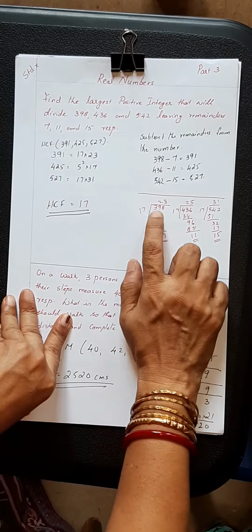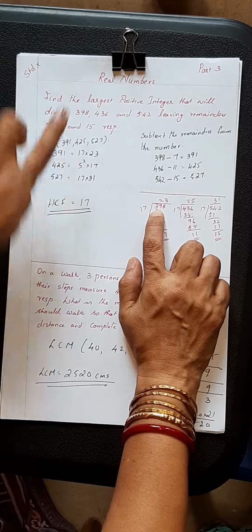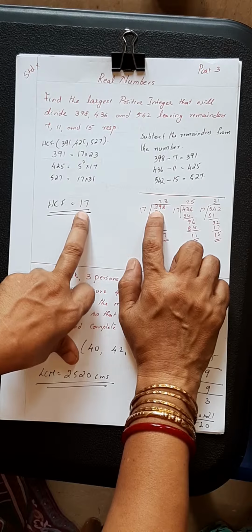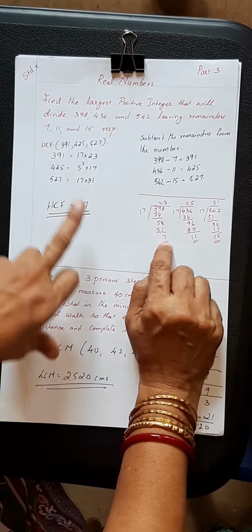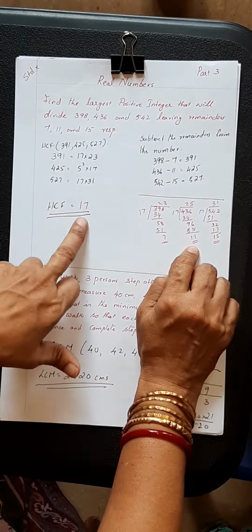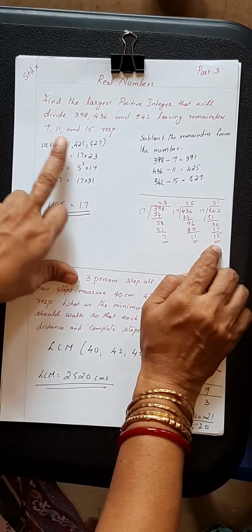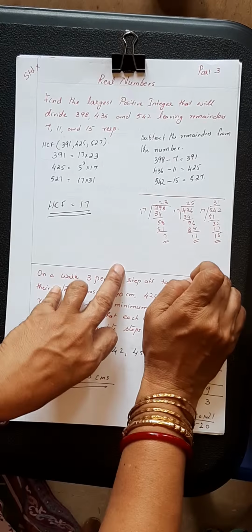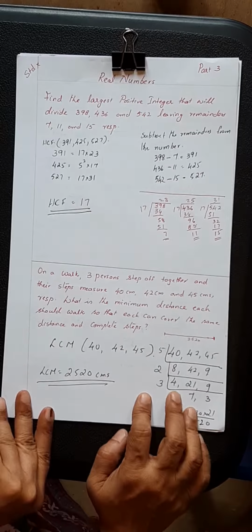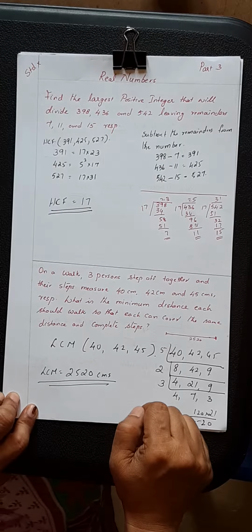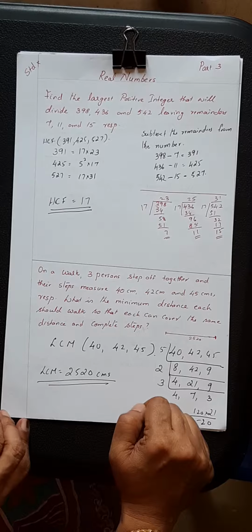If you divide 398 by our HCF 17, you will get 7 as a remainder. 436 by 17, you get 11 as a remainder, and here 15 as a remainder. Hope you understood the logic behind this.